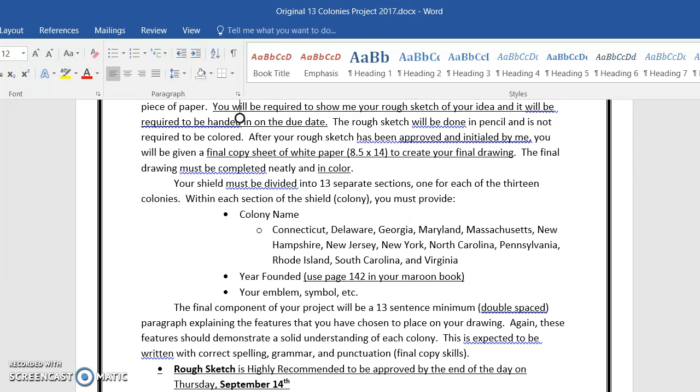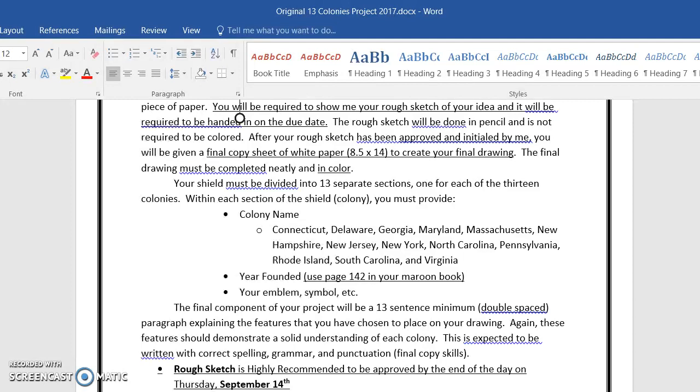It's important for me to know that you understand why you've chosen these symbols and why you've chosen those symbols for that particular colony, because again, you're going to have a written part to this. When you come see me and you explain all these, you're doing the written component. You just don't have it written down.